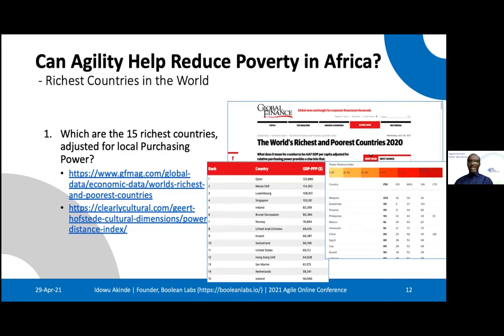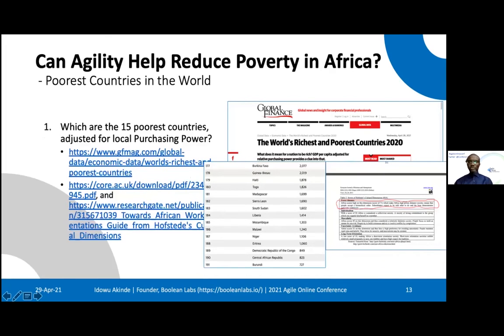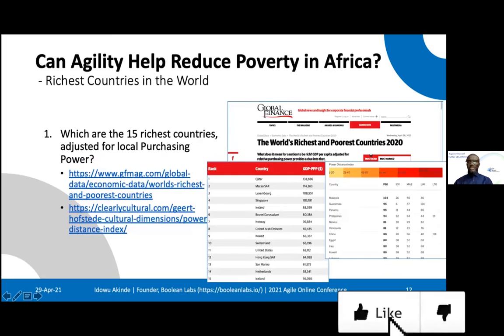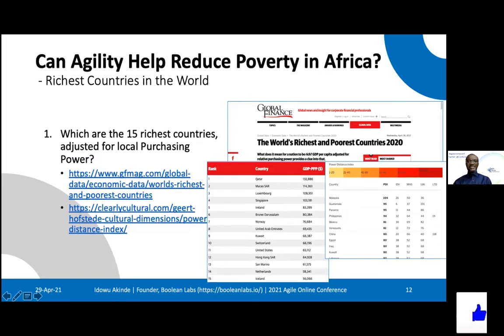To the right of the GDP PPP data set is the power distance index data set. The power distance index measures the relative ease for subordinates in a particular locale, in this case particular countries, to speak to their superiors without fear of negative consequence.